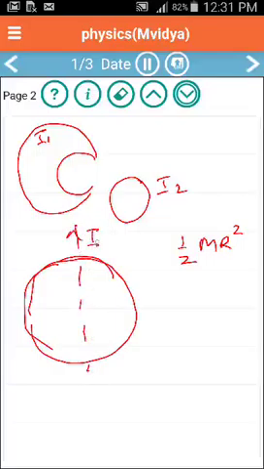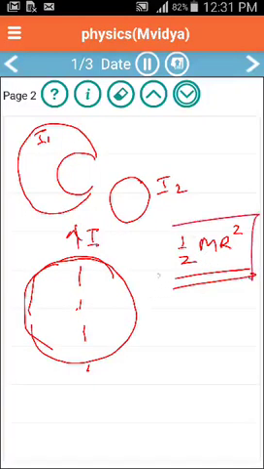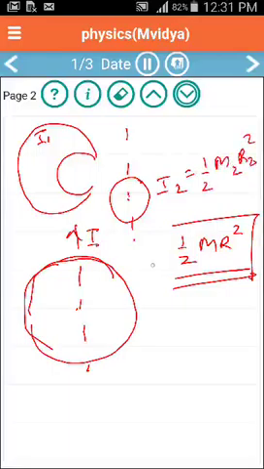Let its moment of inertia be I. അപ്പോൾ ഇതിന്റെ moment of inertia is half m r square. I2, moment of inertia about its center is half m2 r2 squared.